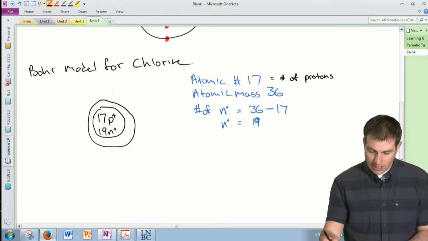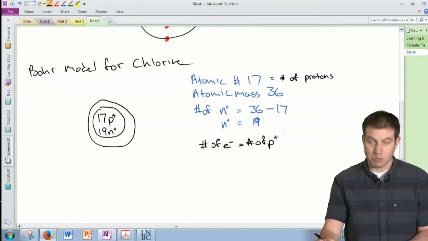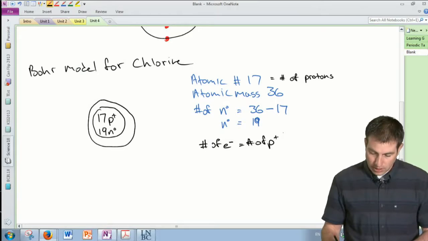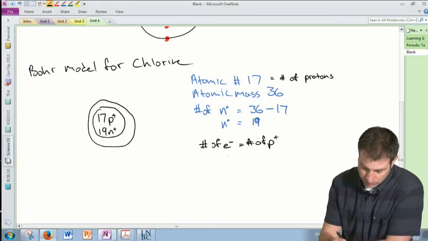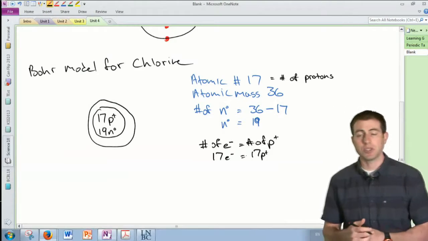So if we have an atomic number of 17, in an atom, the number of electrons, or e minus, is equal to the number of protons, or p plus. Perfect. You guys are all on this. I'm hoping this is a review for a lot of you. So if we have 17 protons, that means we have 17 electrons. They're the same in an atom, which is really good.